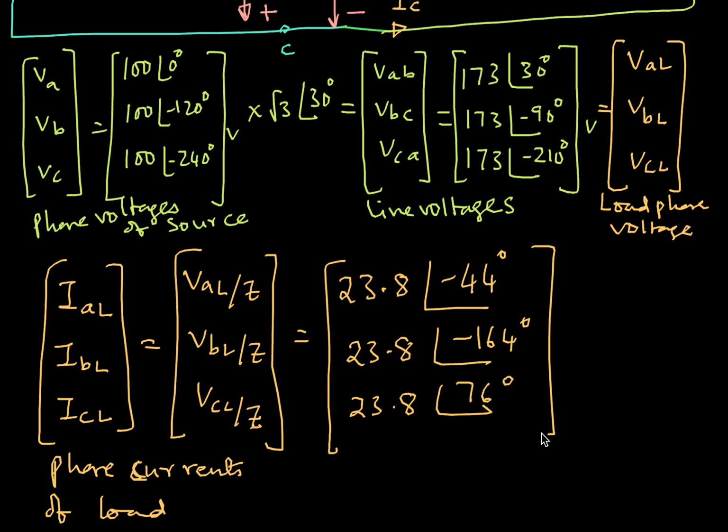The difference between the first two is 120, between the next two is also 120, and between the last two is also 120. You can verify that yourself. This is in amperes. These are the phase currents of the load.